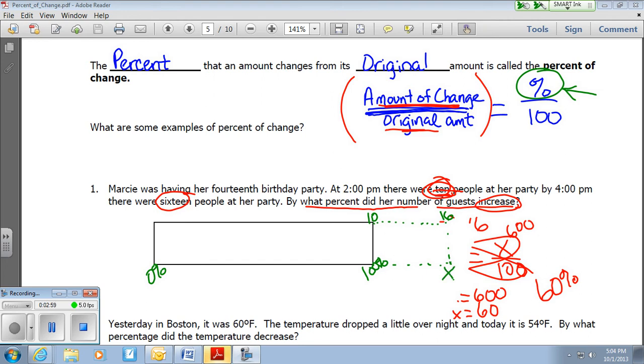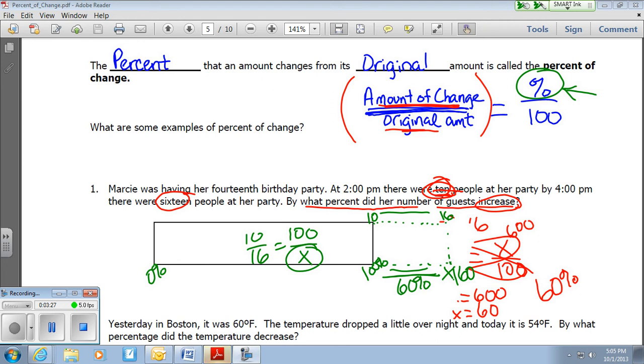So you can use those numbers to create your proportion. Using these numbers right here, I could do 10 over 16 equals 100 over x, and then figure out that's going to be 160%, but that's going to be out here, and then I can look at the difference between that, which is 60%.